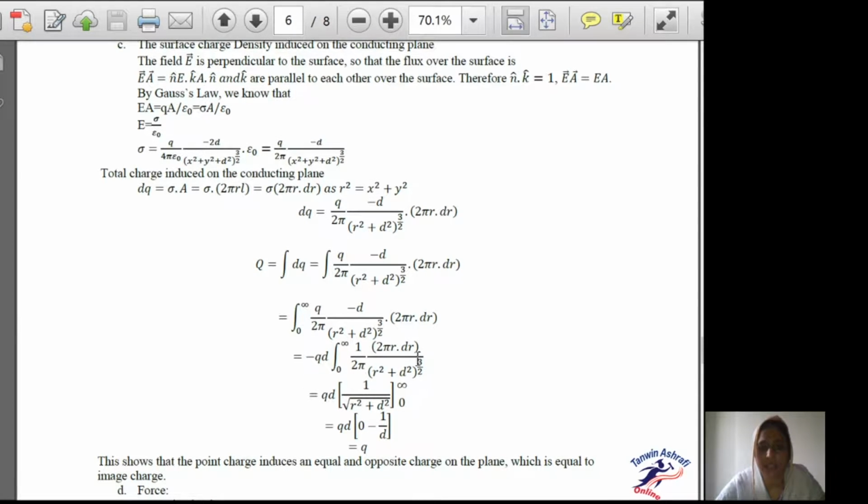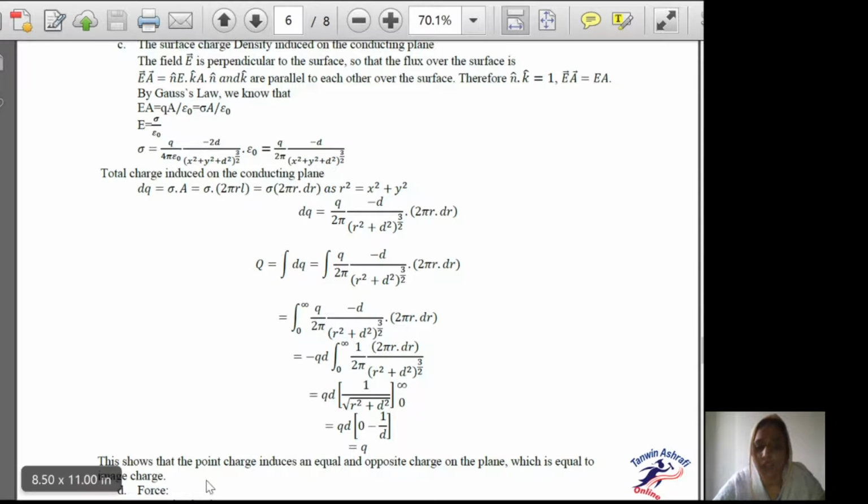We will calculate the integration of R dR divided by (R square plus d square) raised to 3 by 2, and we will find that it is nothing but 1 upon under root of R square plus d square, and the range goes from 0 to infinity. When we substitute this value, we will find that the total charge is nothing but positive Q, which is our actual charge.